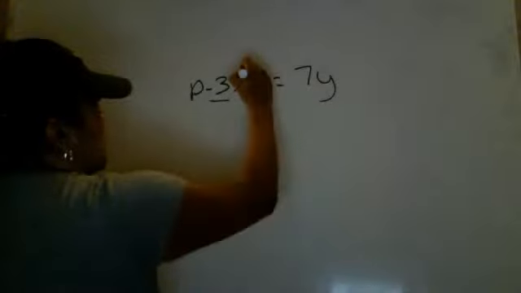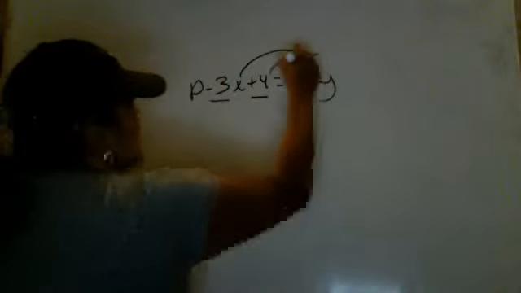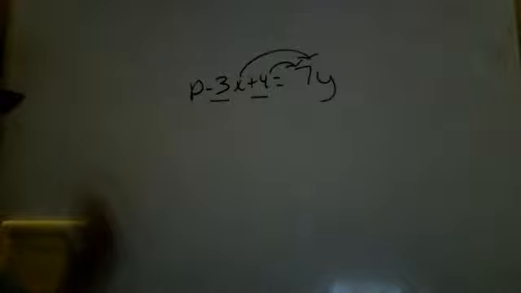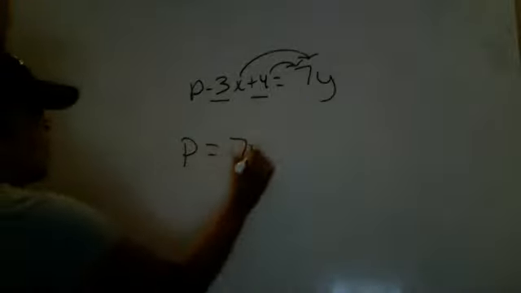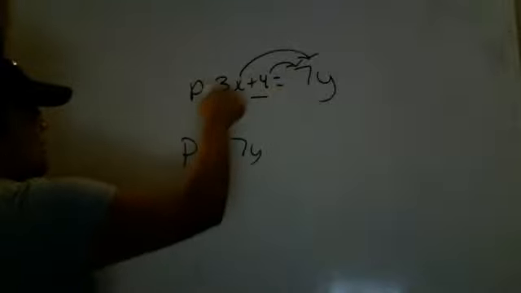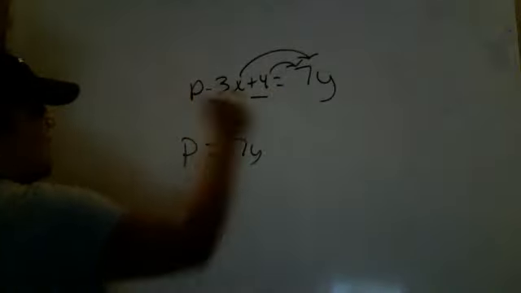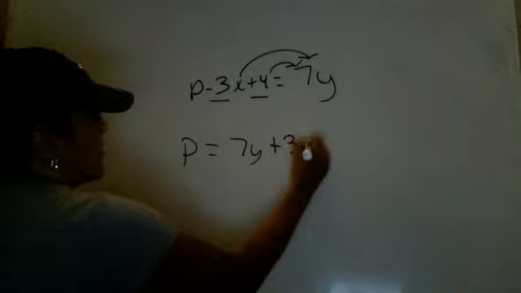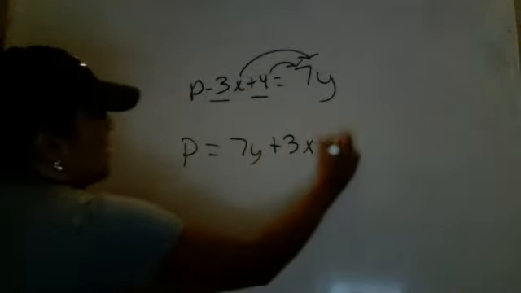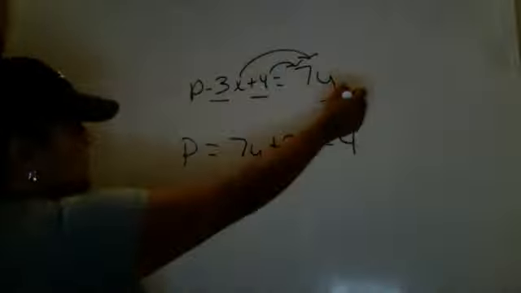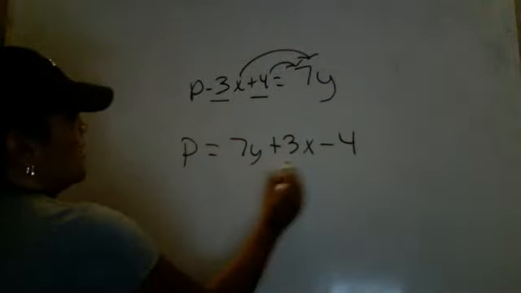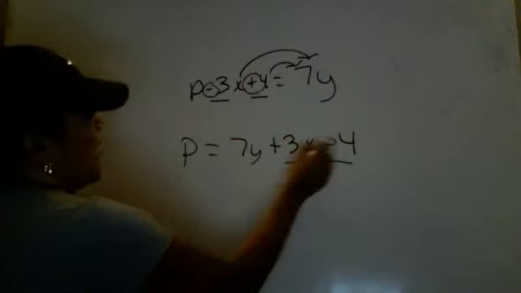I get rid of them by moving them to the other side. I'm going to write 7y, and change signs. So the negative 3x becomes positive 3x. The positive 4 becomes a negative 4. It's as simple as that. If you change sides, you change signs.